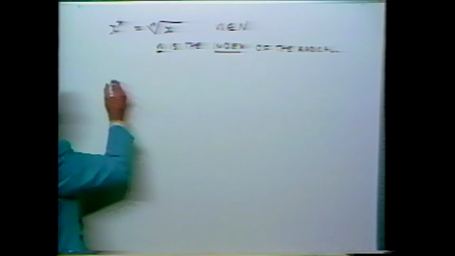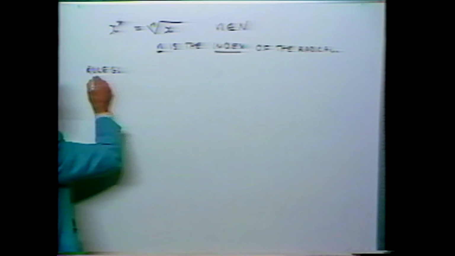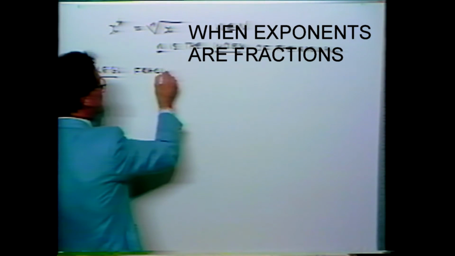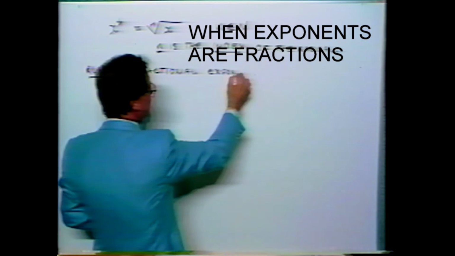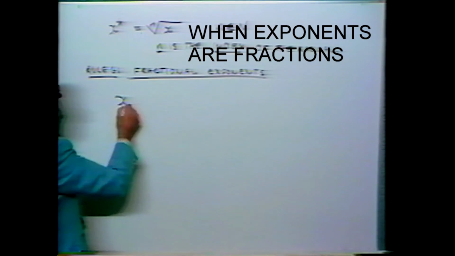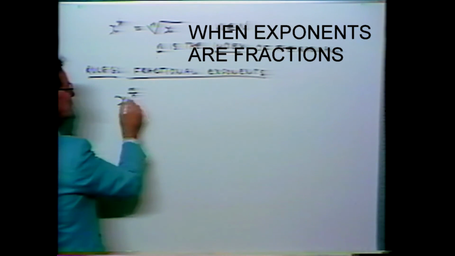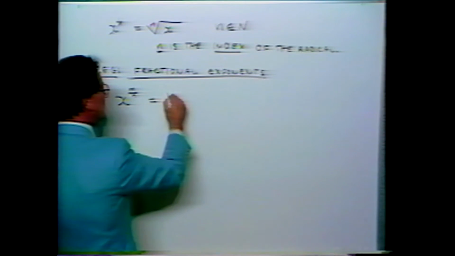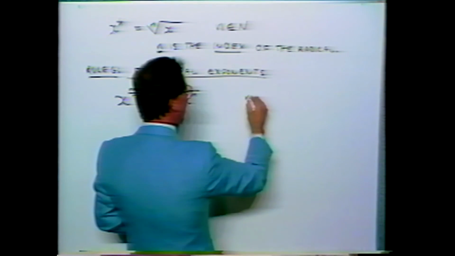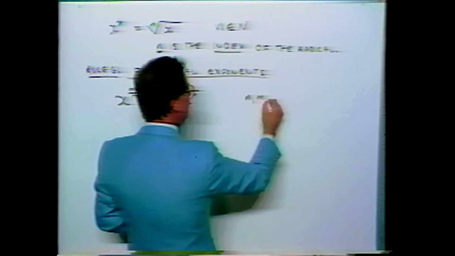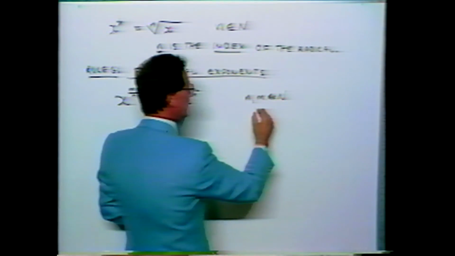This results in our Rule 6, fractional exponents. x to the m over n is equal to the nth root of x to the m. n, comma, m are natural numbers. Of course, x is any real number.